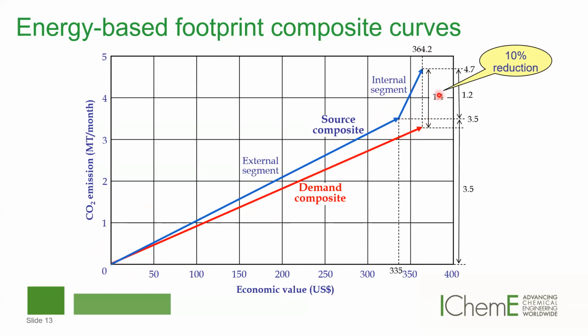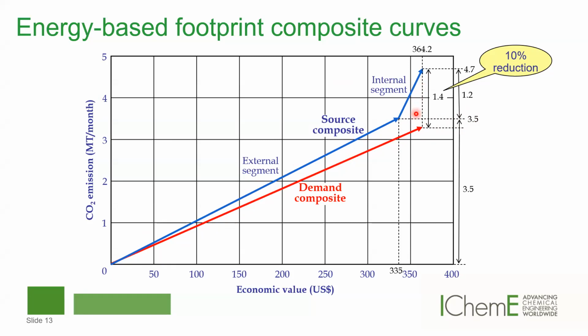Okay, so we plot the 10% reduction, which is 1.4 megatons of carbon dioxide, carbon footprint per month. So yeah, it means that our source should be below or katapat lang, below this demand composite curve.